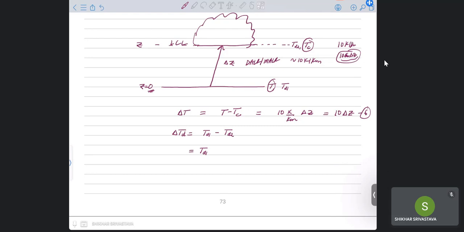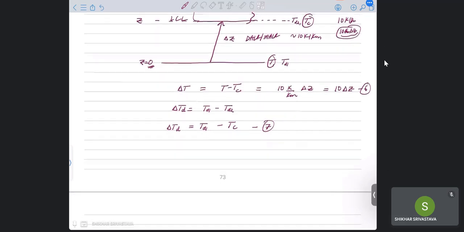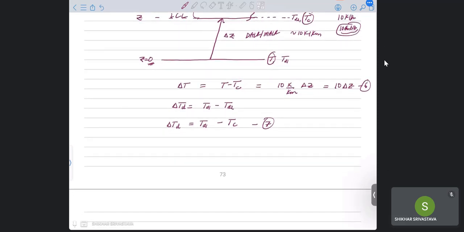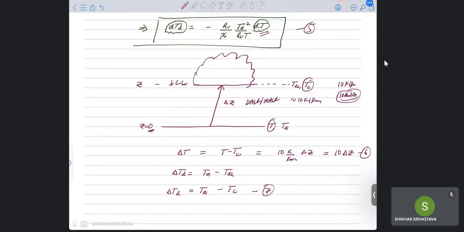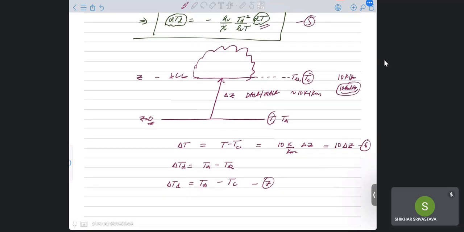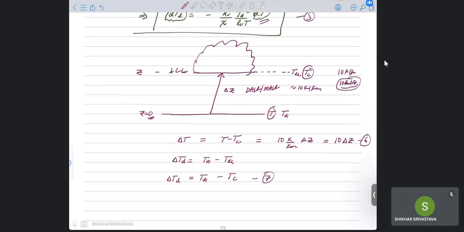It is the temperature at which the condensation starts taking place. So it will be equal to Tc. This is delta Td. Okay, so we have delta T, we have delta Td.